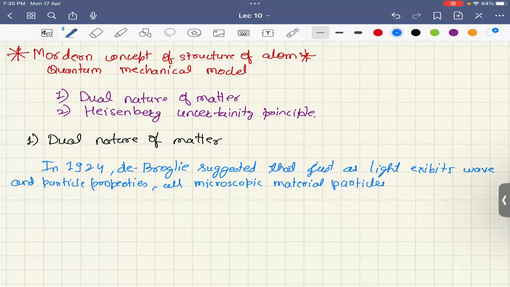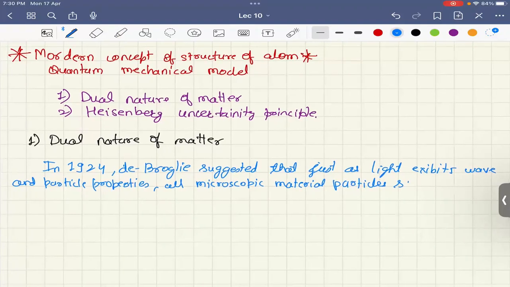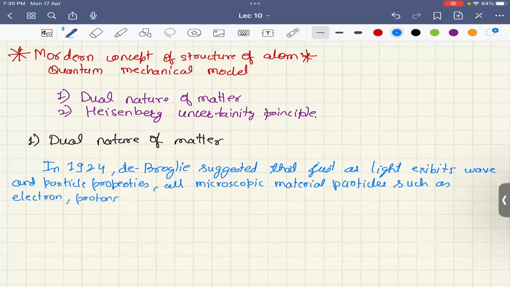Microscopic material particles such as electrons, protons, atoms, etc. have also dual character, right? They behave as a particle as well as a wave, right?